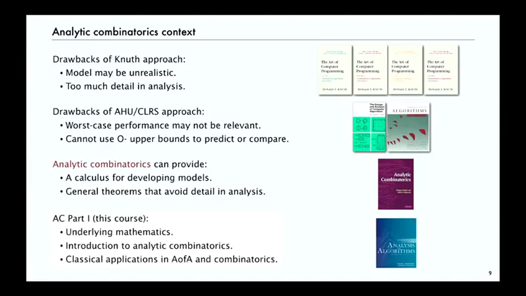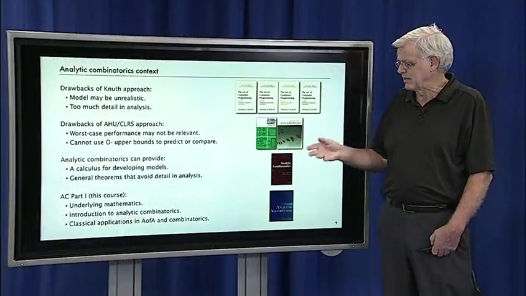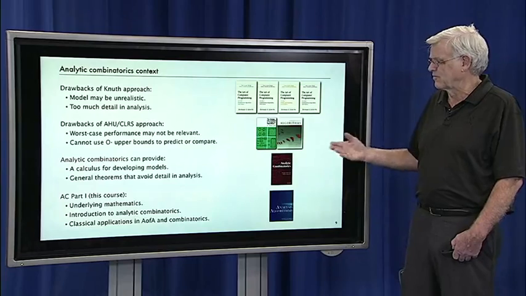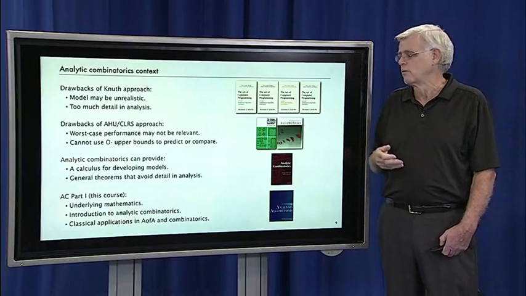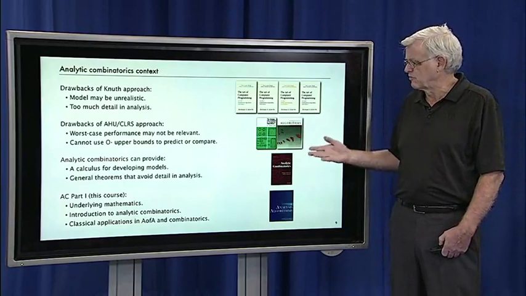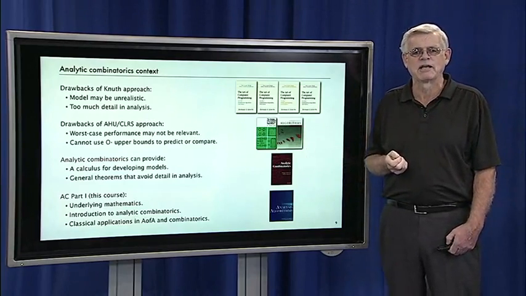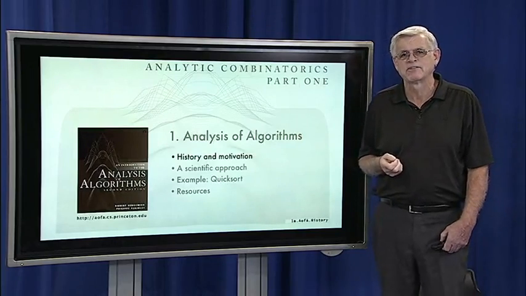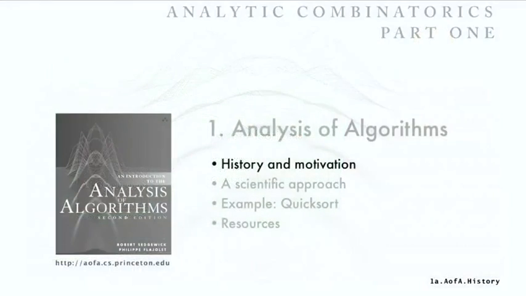In this course, in part 1, we're going to take a look from the beginning at the underlying mathematics and try to describe just what analytic combinatorics is, and then look at a lot of classical results in analysis of algorithms and combinatorics to set the stage for part 2, where we get to the real recent research and developments in analytic combinatorics. That's a history and motivation for the analysis of algorithms.